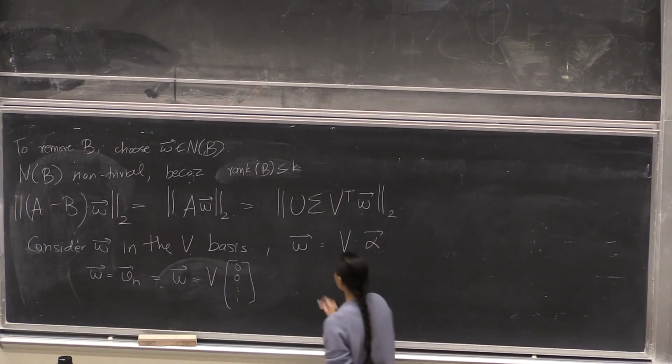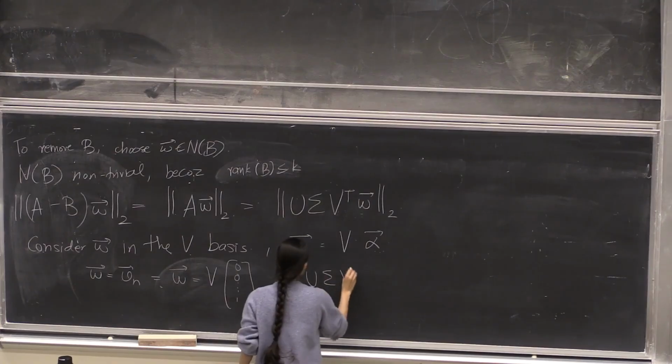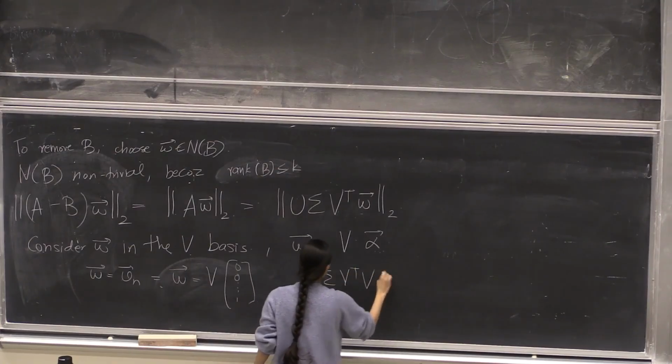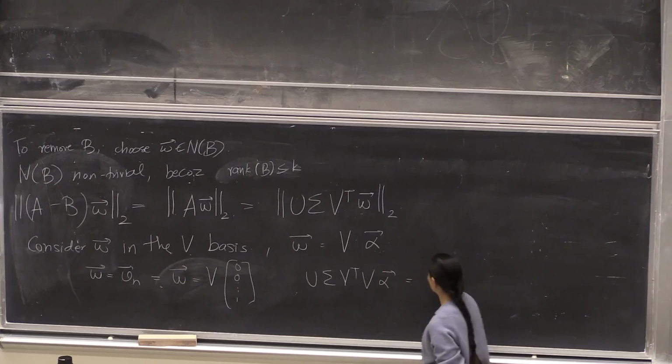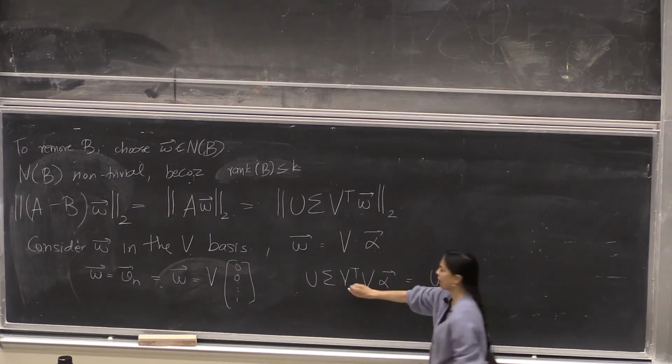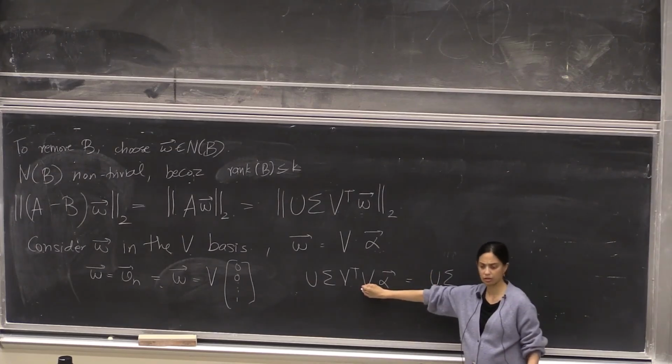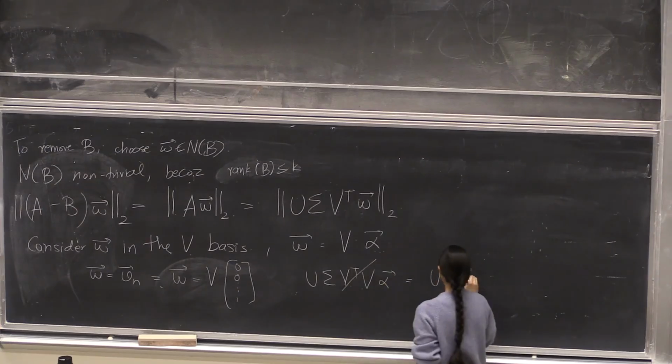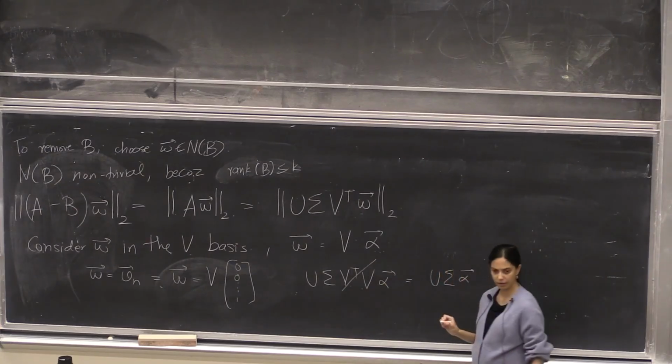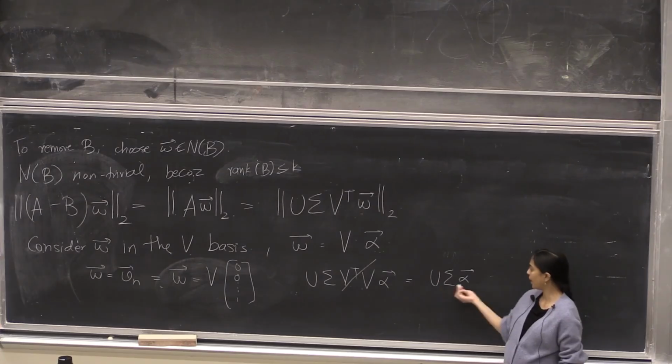In this case, what is U sigma V transpose V alpha equal to? This is U sigma. What happens to the V transpose V? This is identity. And so then I have an alpha here, right? And now what happens when I do this sigma times alpha?